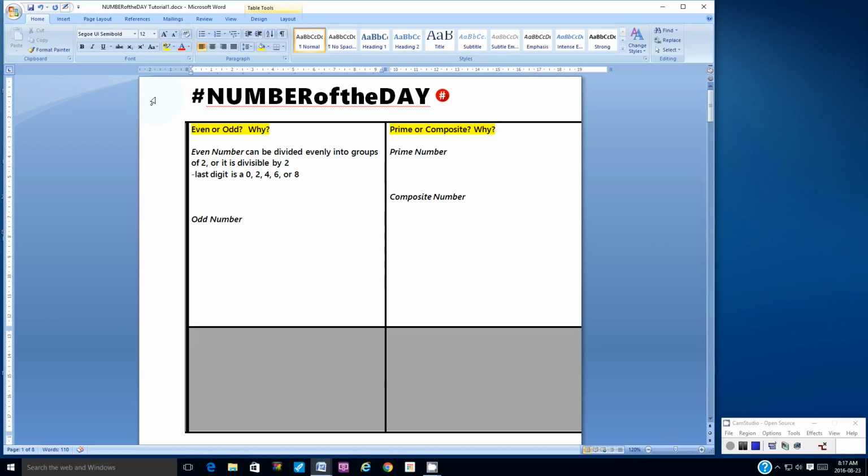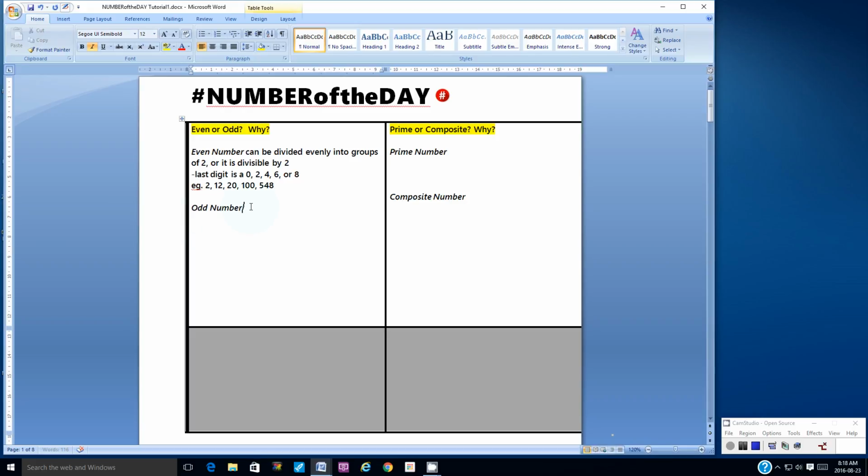Some examples of an even number are 2, 12, 20, 100, 548.